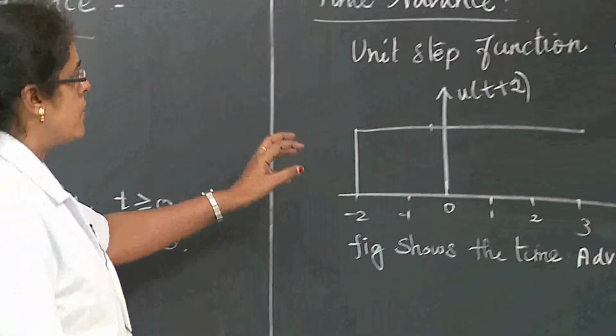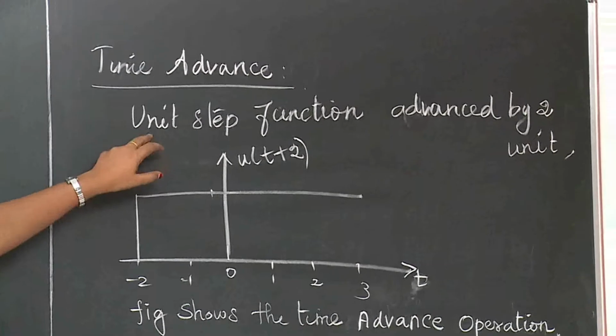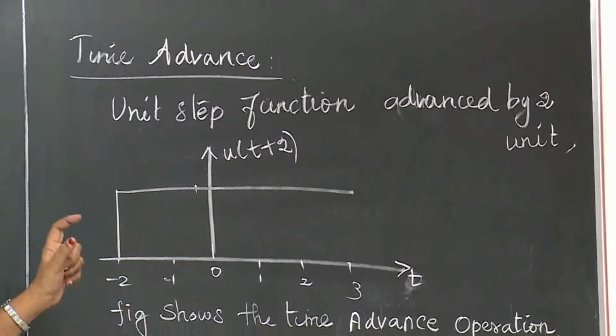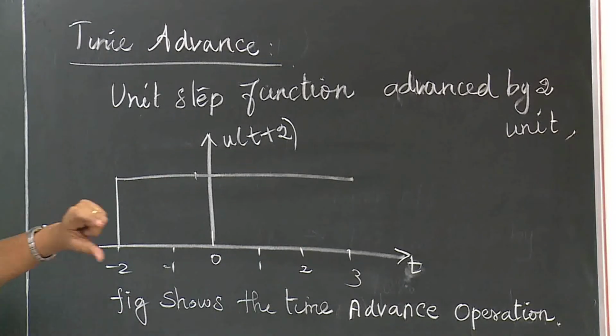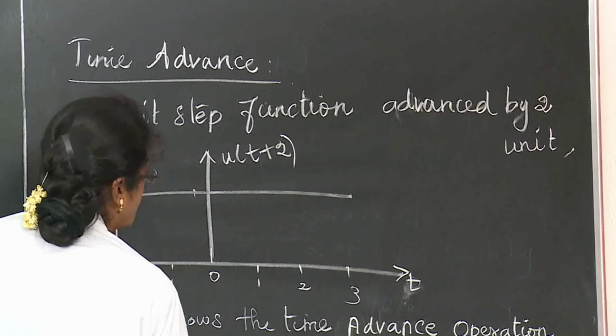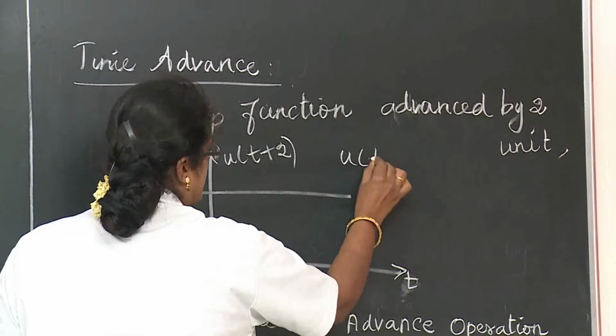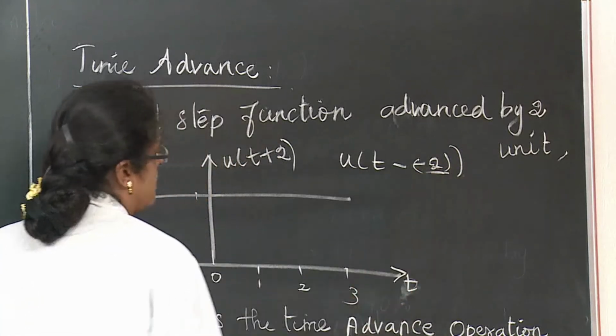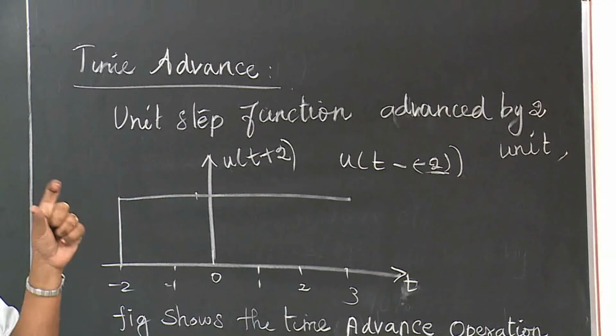Then the time advance. Here also, let us use the unit step function advanced by 2 units. That is, the advanced signal is produced as u of t plus 2, that is, u of t minus of minus 2. The signal is advanced by 2 units.